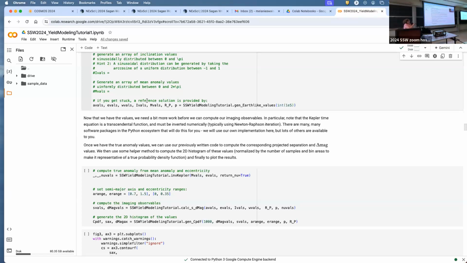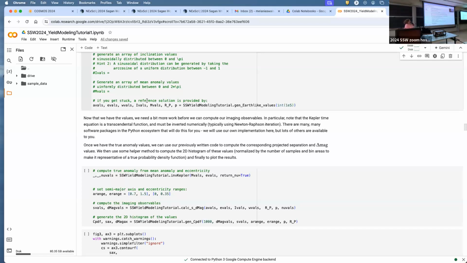Sorry, the point I wanted to make first was that the Kepler time equation is transcendental, and so the tricky thing is that you have to invert it numerically. There are plenty of options in Python to help out with this, but we're going to use our own implementation here, even though there are other ways that you can do this.